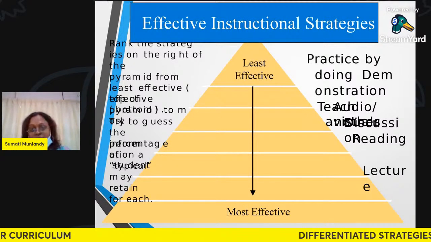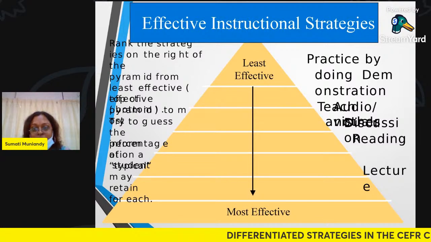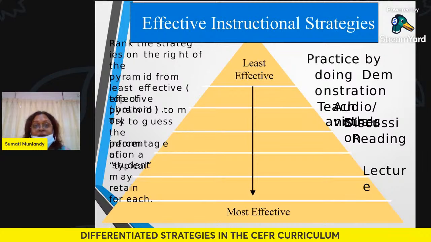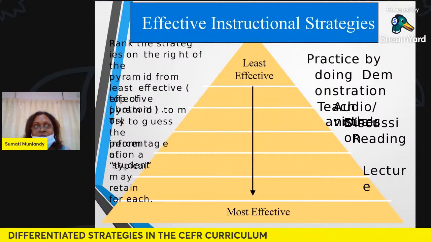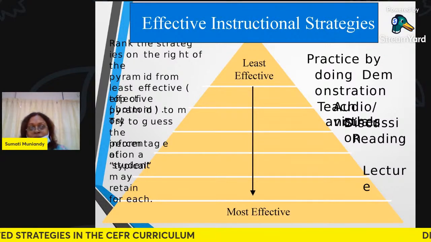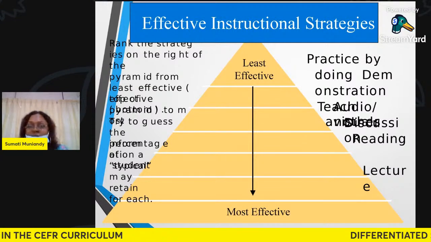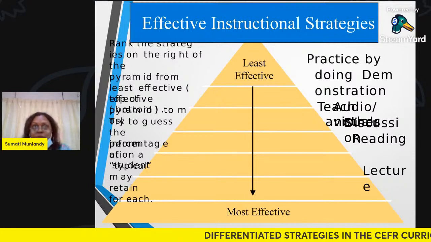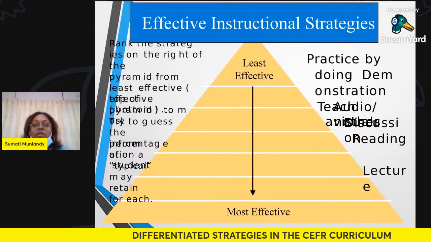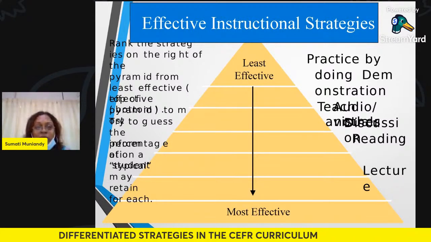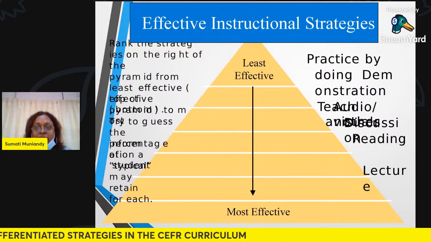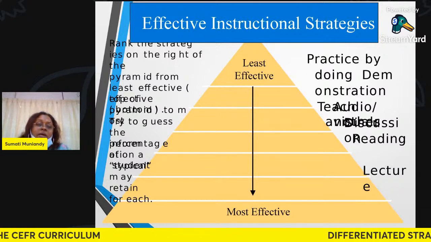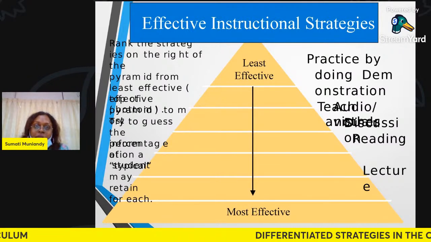Teacher centered or student centered? These are the key things that you need to reflect on. Some of us focus more on the teacher centered, but if you look at the CEFR, it's more on the learner centered. We give the empowerment to the learners to learn, by using these instructional strategies.